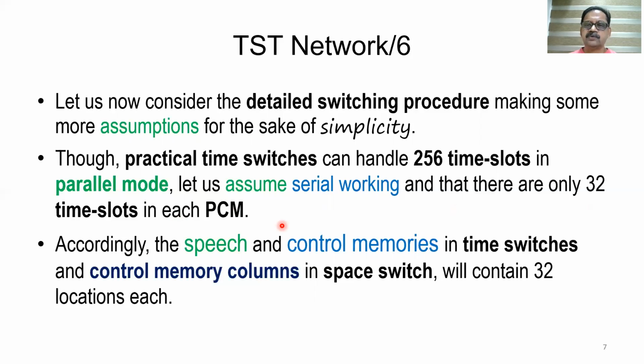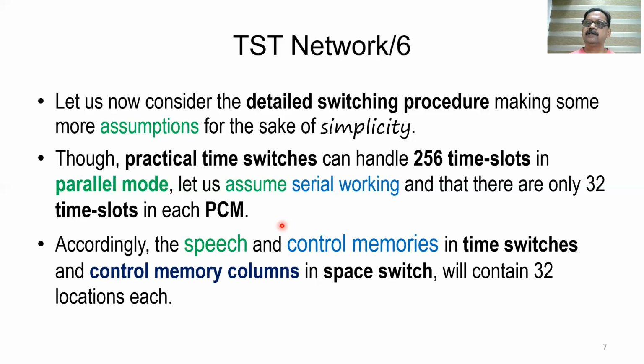Earlier we have studied that practical switches adopt this parallel mode, which means you are increasing the handling capacity from 32 to 32 into 8 times. But for easy understanding, we will consider serial working only.